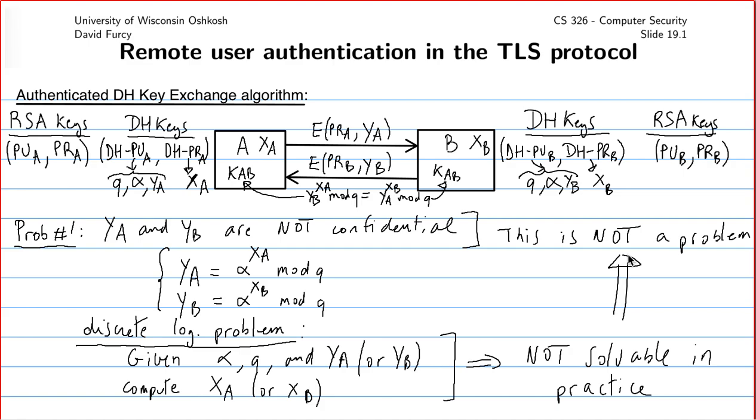So we can forget about this problem, and it's completely okay to just sign the messages in the algorithm and not encrypt them. The signature is enough to authenticate the parties, and the encryption is not needed, assuming that the crypto is secure. And this is a good time to remind you that when we study the security of a protocol, there are two levels to consider. A protocol like this one uses some encryption algorithms like RSA and Diffie-Hellman.